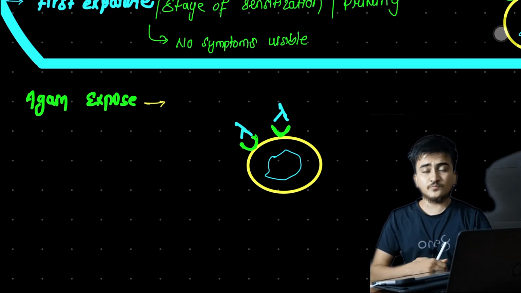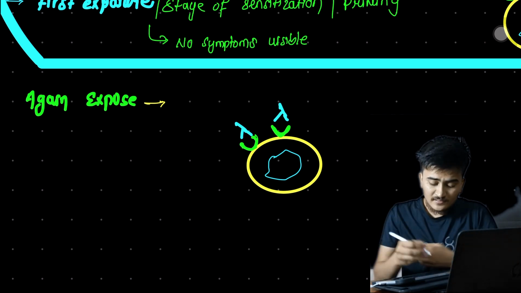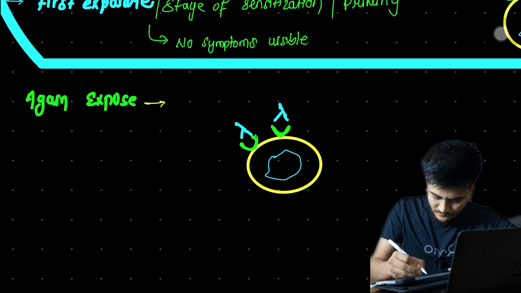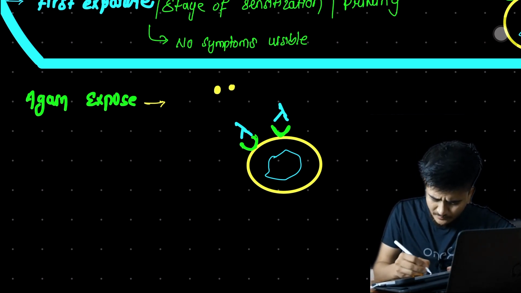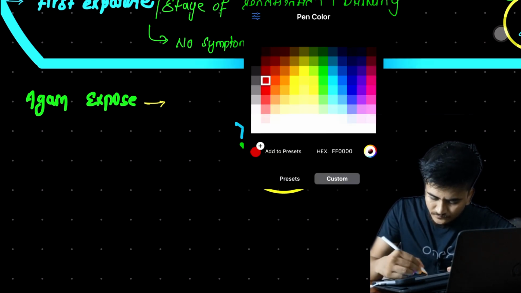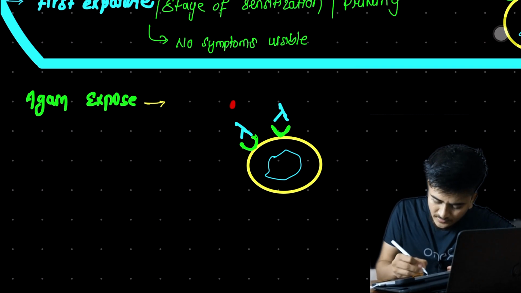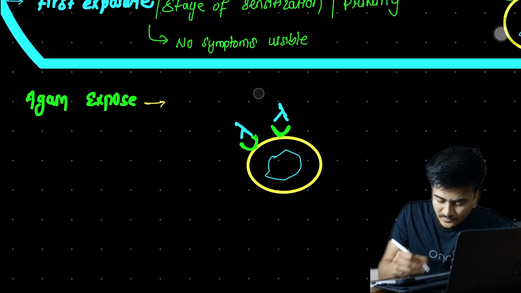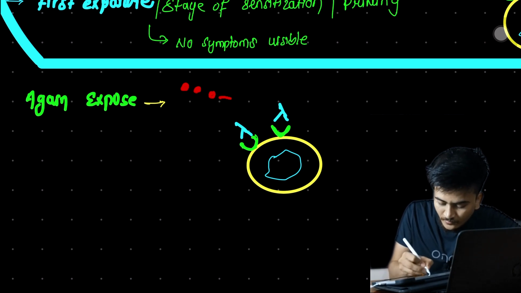Now again, when exposed to the same antigen, let us show the antigen in red, as we have been doing. These antigens are coming from the external environment.